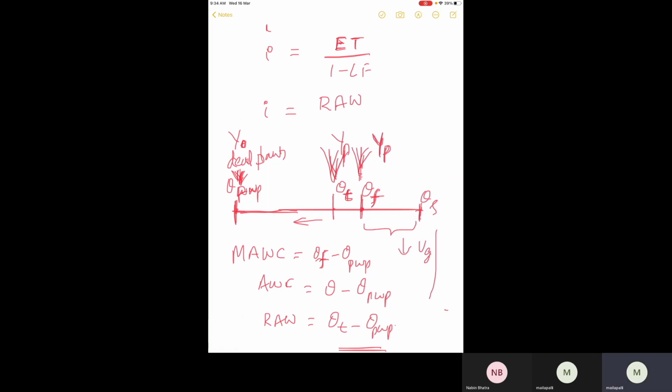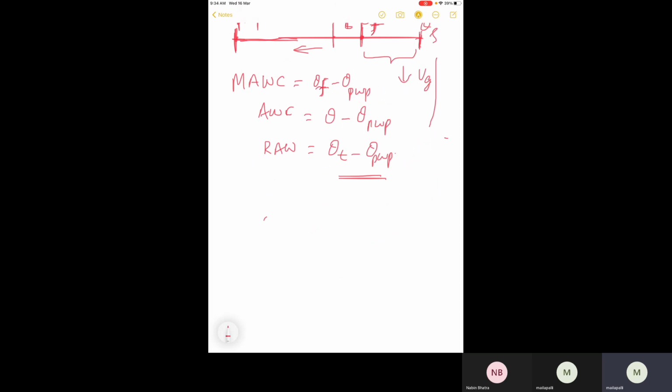So the point here is I is equal to ETC by 1 minus LF, or RAW by, I would put irrigation efficiency, because it all depends on, if you estimate RAW and when you use the device to supply this irrigation, it all depends on what is the irrigation efficiency.